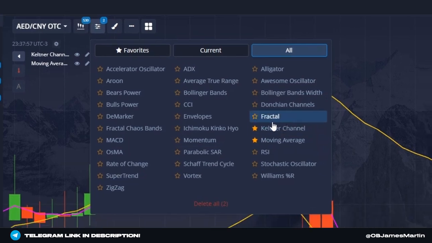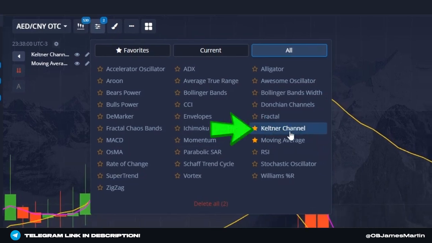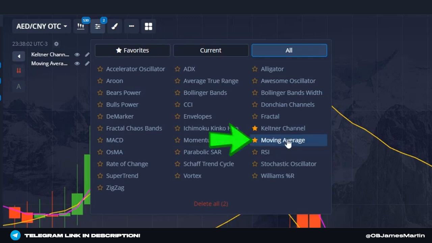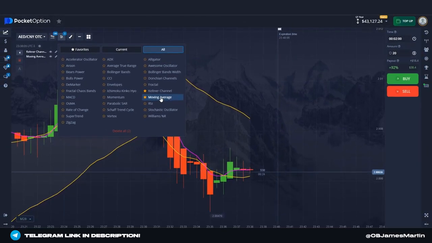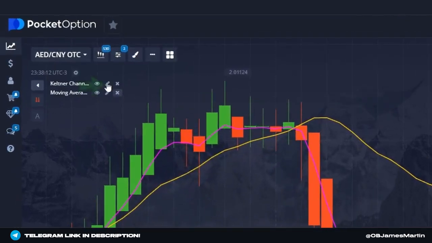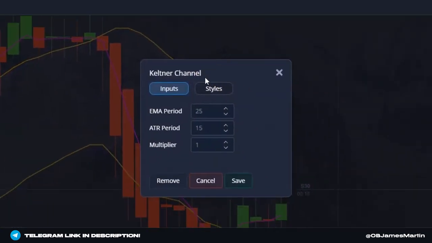Right now, let's go to indicators: Keltner Channel and moving average. Let's set up both indicators together. First, we're gonna use 25 on the period, ATR 15 and multiplier 1.